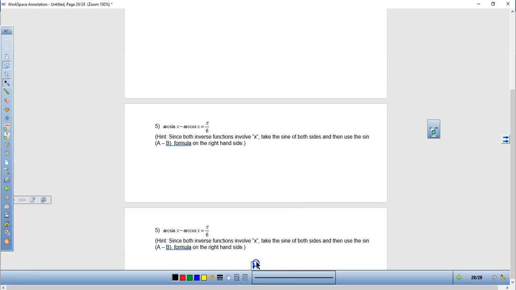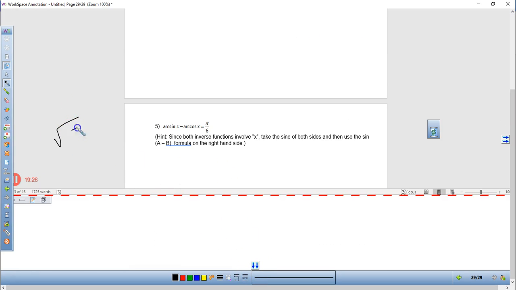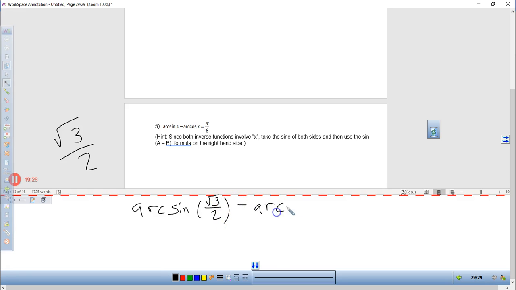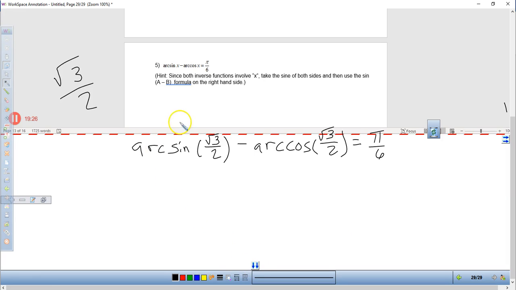And one more time, since we still got one to look at, root 3 over 2, plug those in. Okay, thinking about this one, thinking of the first quadrant.